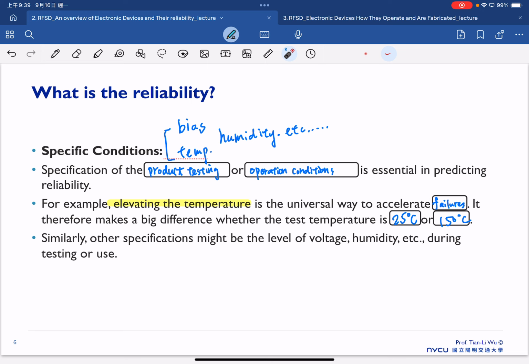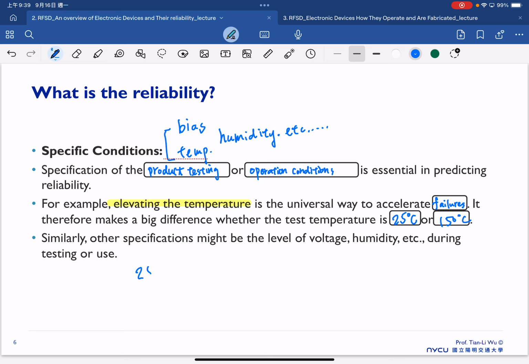So that's important. And another factor is that we very often use elevated temperature, because elevating the temperature could give us accelerated failures. But why do we need to accelerate the failures? Because we need to test our device in a reasonable time that gives us the chance to do the estimation.